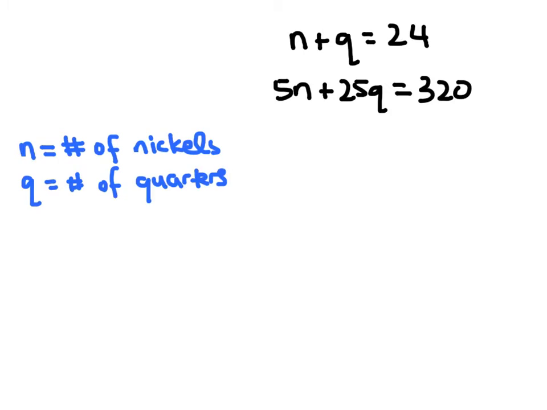Now keep in mind, once you define what your variables mean, remembering that they represent quantities, which I have an abbreviation for, number of, when you do coin problems, there's always going to be an equation dealing with the number of coins.